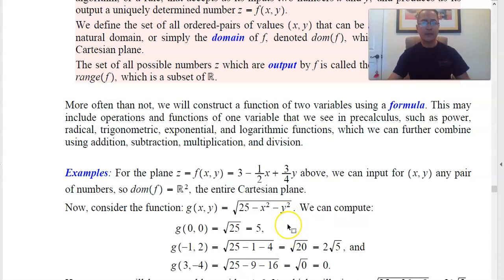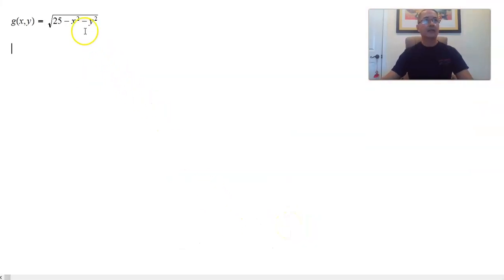Let's go to our scientific notebook and play around with that. So here's our function, and we want the radicand, which is the expression inside our radical, to be at least 0. We want to satisfy this: it has to be greater than or equal to 0.